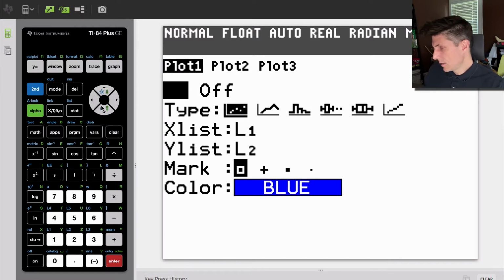Scatter plot is what I would like to see. The x-axis would be List 1, the y-axis is List 2. That's exactly what we have. You could use these square markers. Let's do that because they'll really stand out, since we're going to graph it through those points. And the color is blue. Wonderful. Enter, enter. All right, let's go to graph.